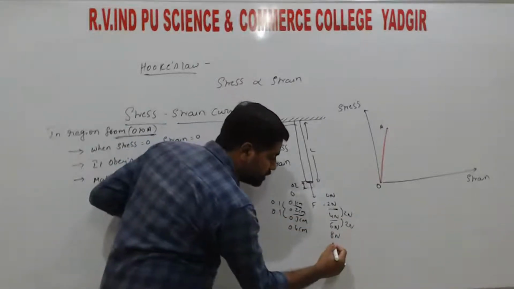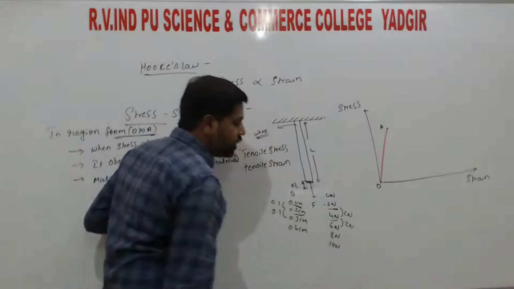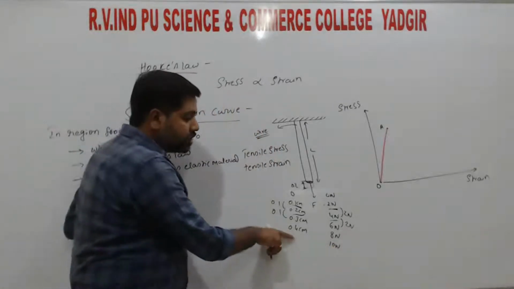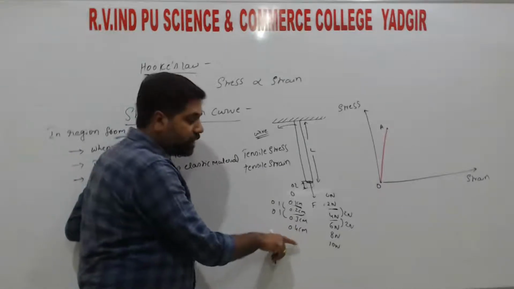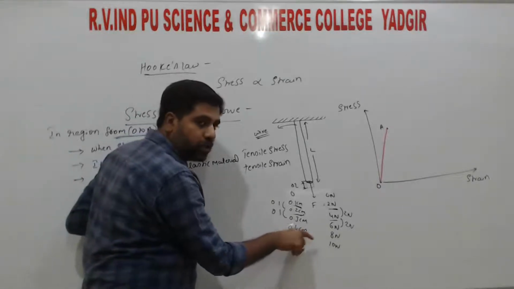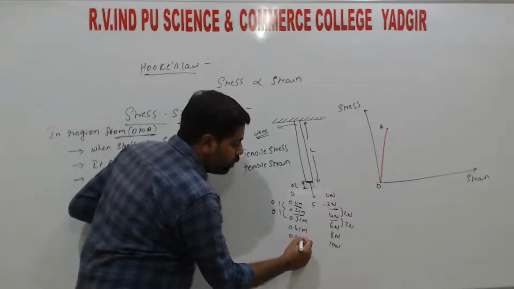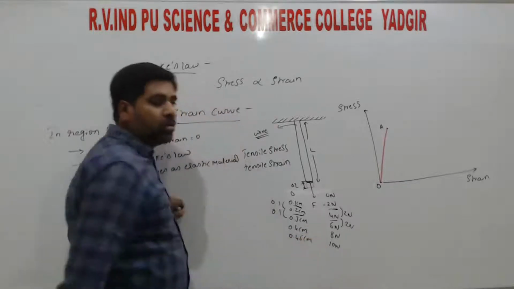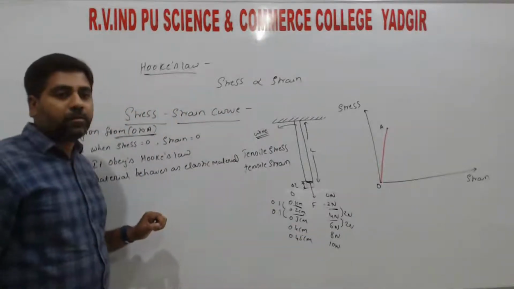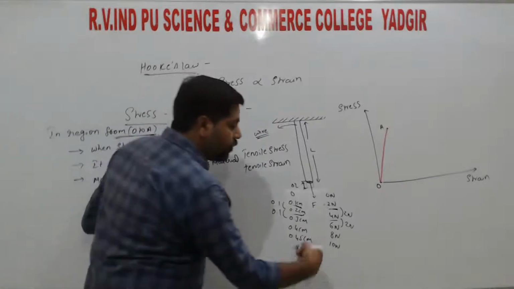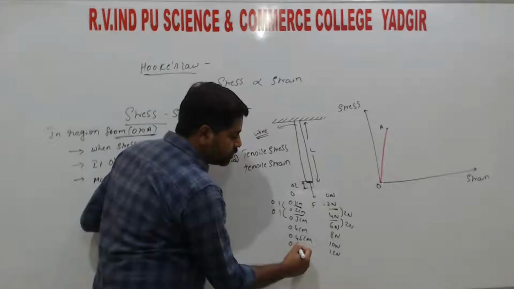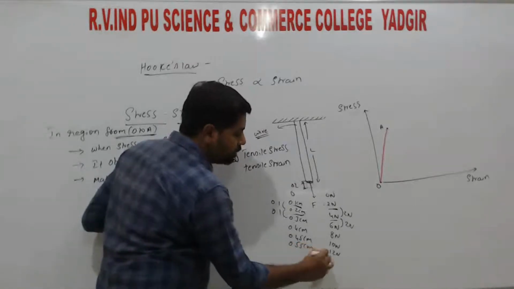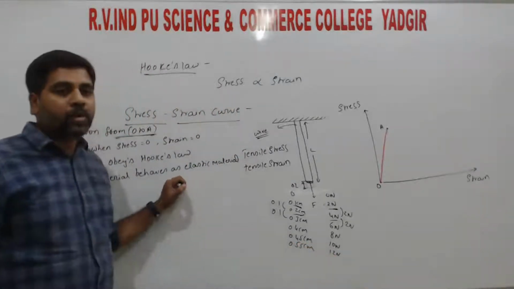Further, if we increase the load to some 10 Newton, then there is a change in configuration, the length increases by some 0.45 centimeter, right? If it further increases to some 12 Newton, then again it changes to some 0.55 centimeter, right?